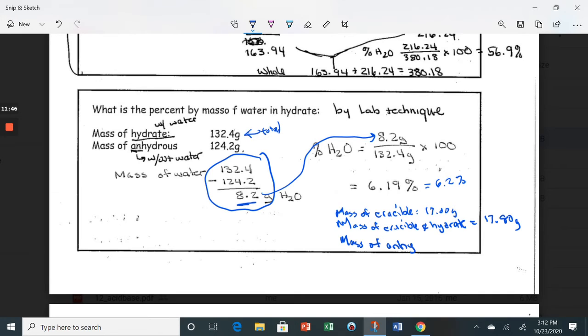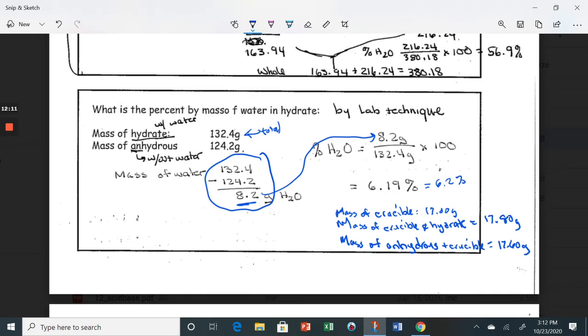We actually use an evaporating dish because the water gets driven off better, and the evaporating dish cools faster than the crucible. So that's what you would be given for data.